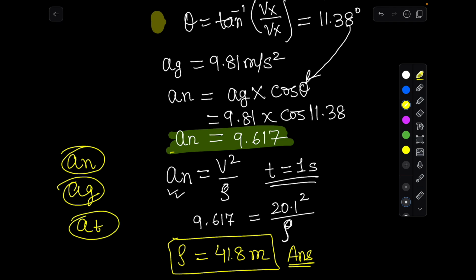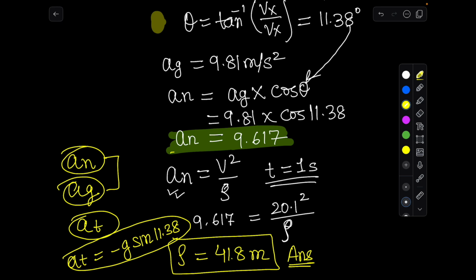You can use two vectors, or you can just use the angle. In terms of angle, AT will be equal to minus G sine 11.38. This is how you calculate AT.